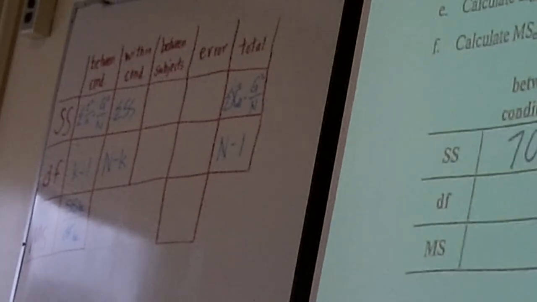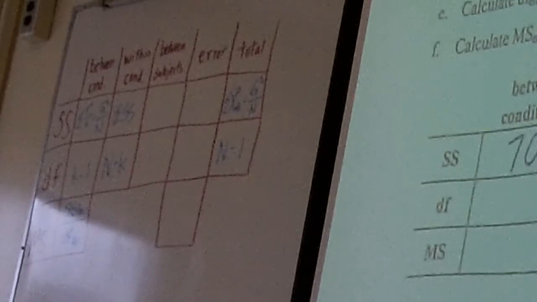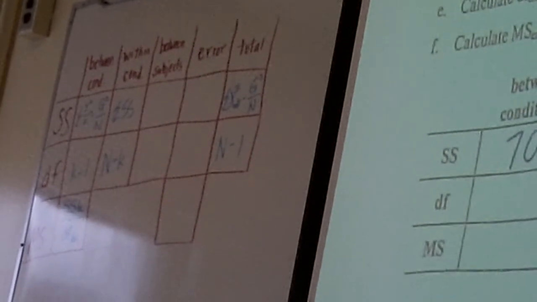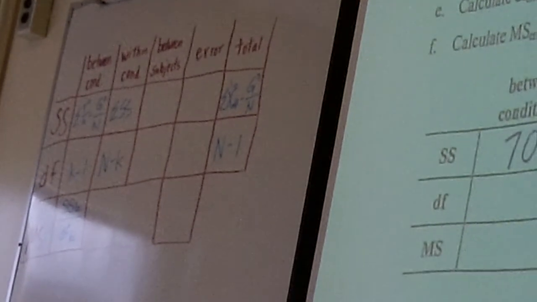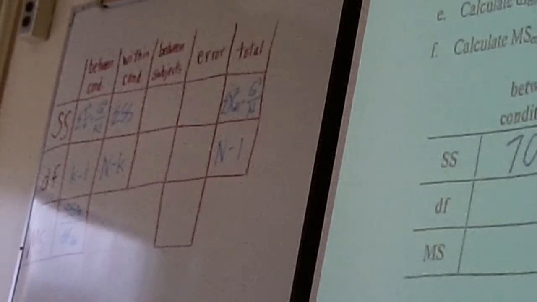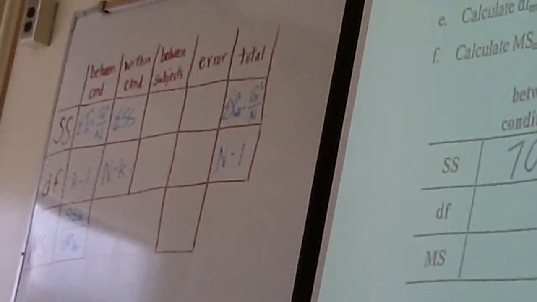If you made a mistake calculating either one of these two things and you just add them together, all you're doing is adding more mistakes. But if you use a different formula and you get the same number with the double check, chances are you're okay so far. With all the calculations we do for ANOVA, you want to have places to double check to make sure you're still on track. And that's one of the places you can do that.